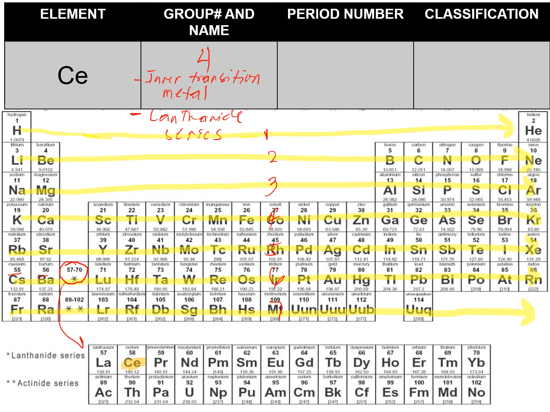Nandito siya ngayon sa dulo. So, 55, 56, and then bababa dito sa lanthanide series, 57, 58, 59, 60, 61, 62, 63, 64, 65, 66, 67, 68, 69, 70. Tapos, babalik ulit tayo dito kay 71.